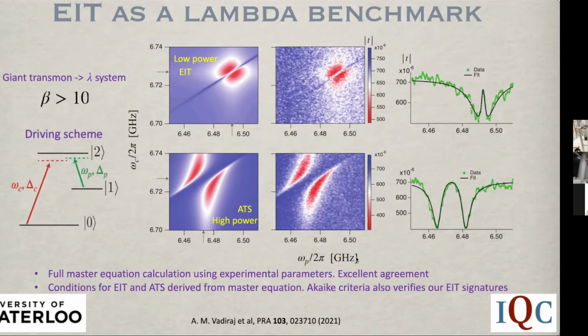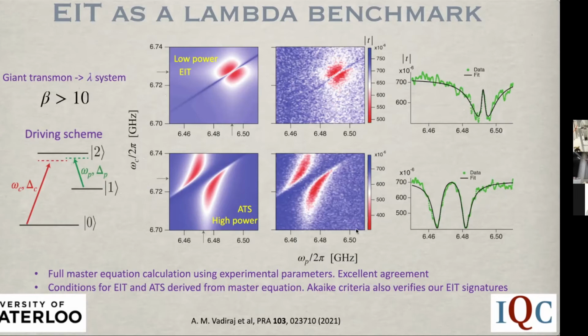For the right side, you have the y-axis as transmission amplitude and the x-axis as omega p divided by 2 pi, something like that. Well, sorry if this is confusing, but in all of the plots, the y-axis is the control tone, so it's close to omega 0-2 divided by 2.